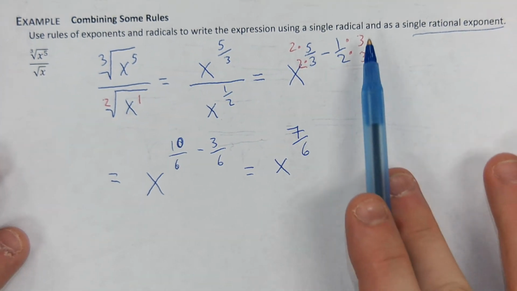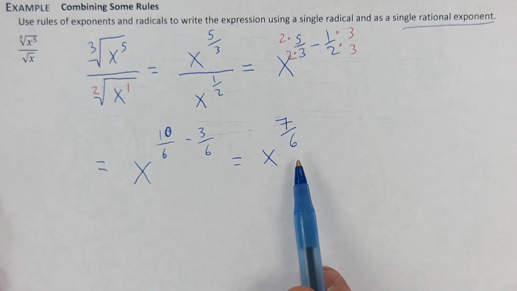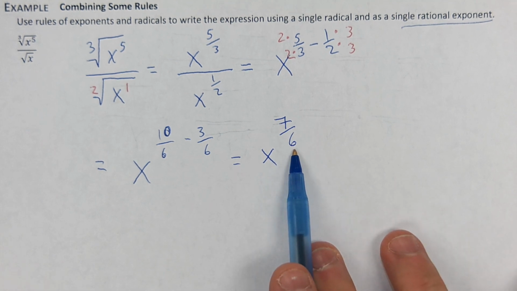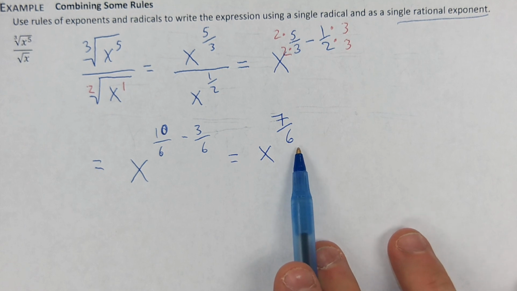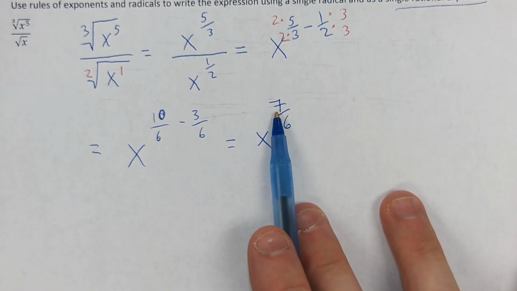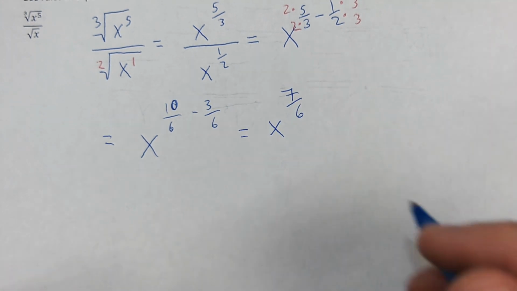And then the single radical portion of the question is converting this fractional exponent back into a radical, remembering that the denominator is the root type. The numerator is an exponent that can either be written inside the radical or outside the radical. It doesn't matter which one you choose. They say the same thing.